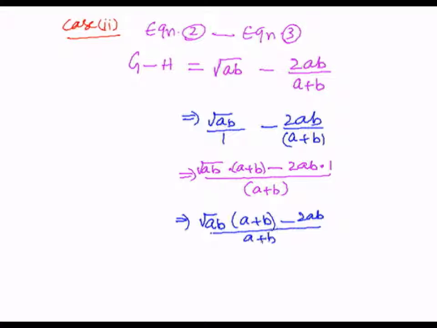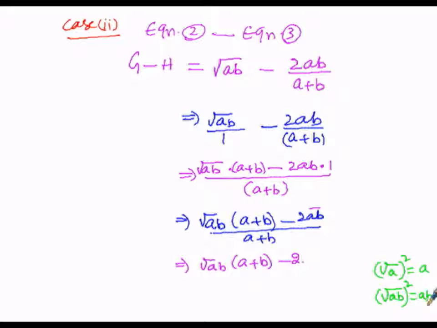That implies root ab into a plus b minus 2 into ab. Here, root of a whole square is equal to only a, because the square and the square root get cancelled, and only a is left over. Similarly, under root, if it is ab whole square, the square and root cancel, and only ab is left over.